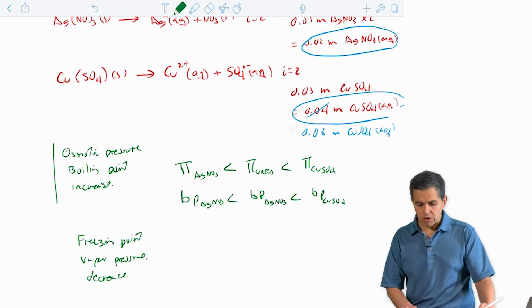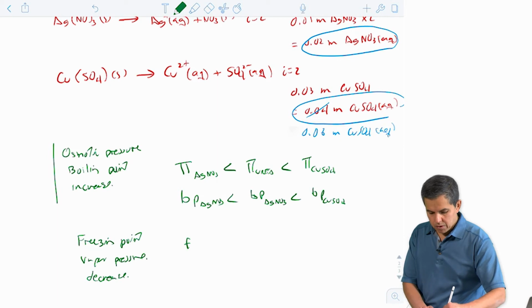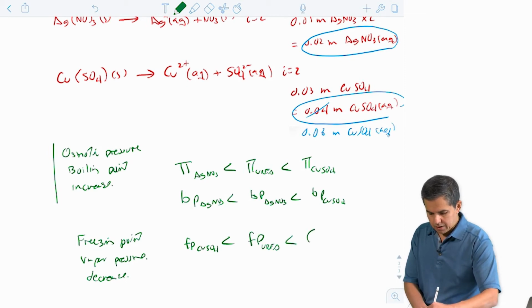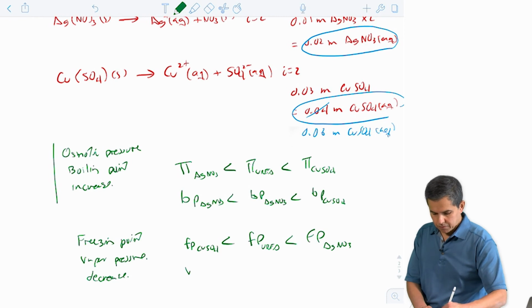So the relationship is going to be exactly the opposite trend. So freezing point for copper sulfate is going to be less than that of urea, less than that of silver nitrate. And vapor pressure will maintain the same relationship.